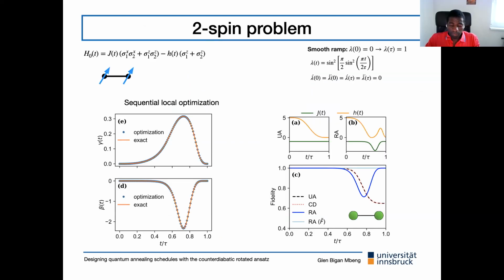So we tried this, to start, for a system of 2 spins. This particular system, which is written here, and the couplings are chosen in such a way that the 2-spin system can be reduced to a 2-level problem. And we use couplings which implicitly depend on this ramp.